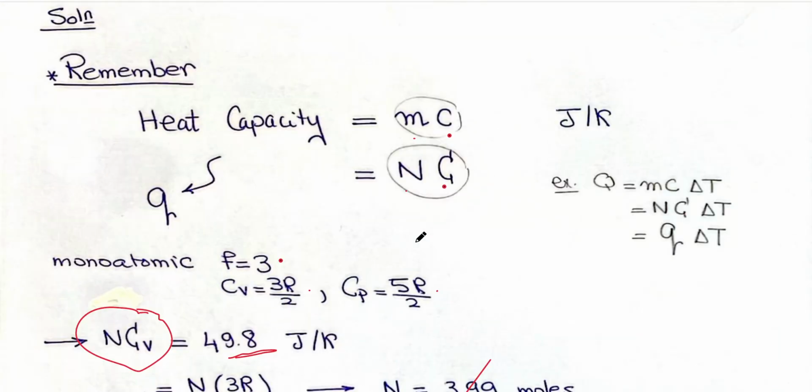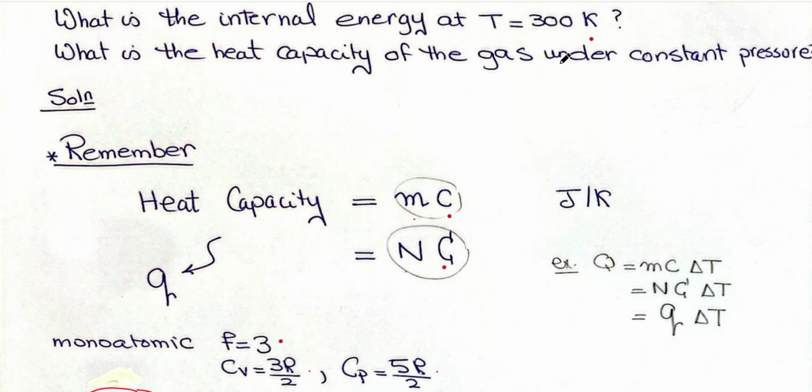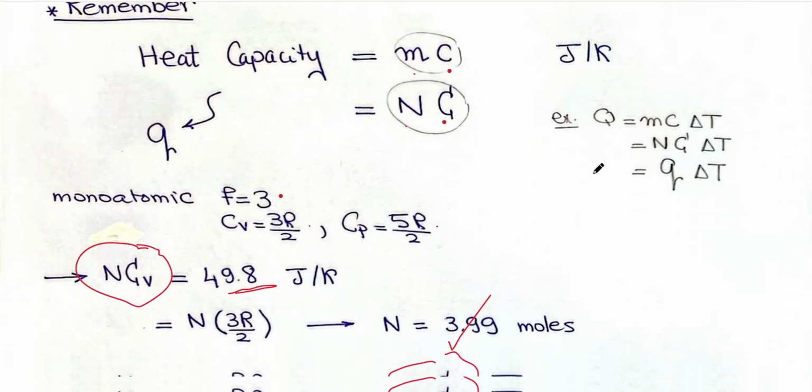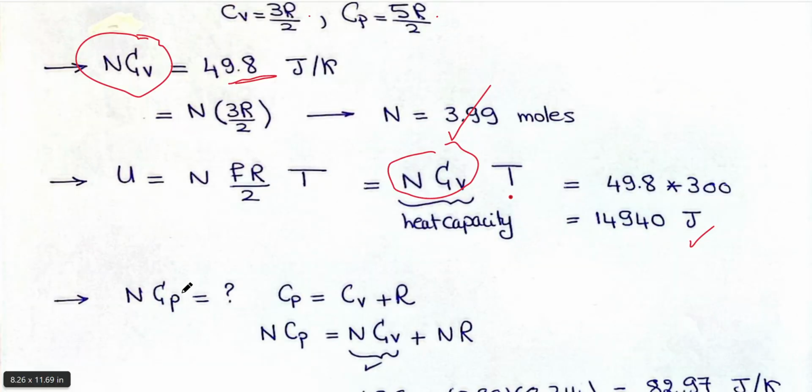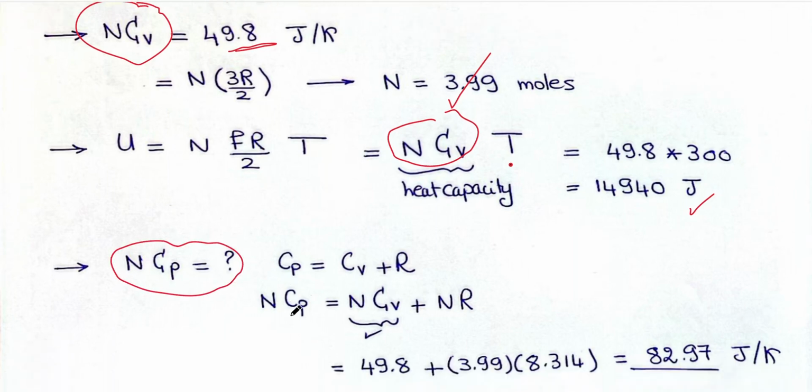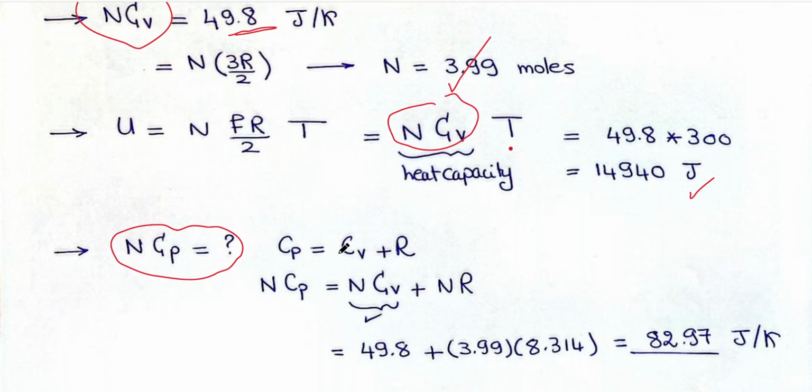The last requirement, what is the heat capacity of the gas under constant pressure, which is NCP. We know that Cp equals Cv plus R. So if you multiply the equation by N, NCP equals NCV plus NR.